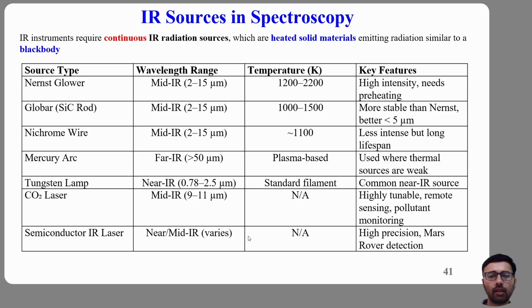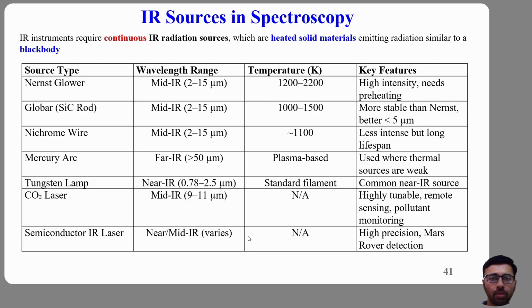Now let us discuss one of the most important modern developments, that is lasers. Lasers produce highly intense, coherent and monochromatic radiation. This allows extremely precise spectroscopic measurements. A particularly important IR laser is the CO2 laser.